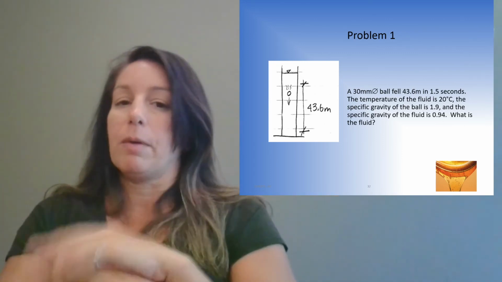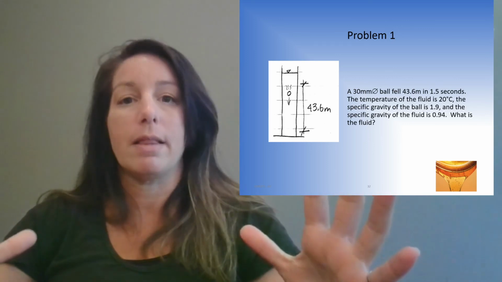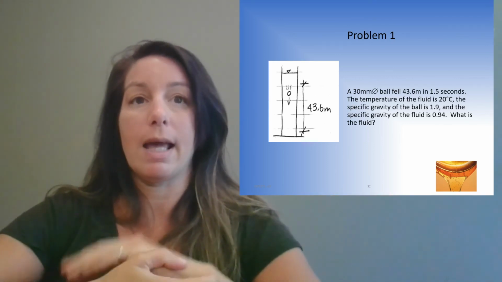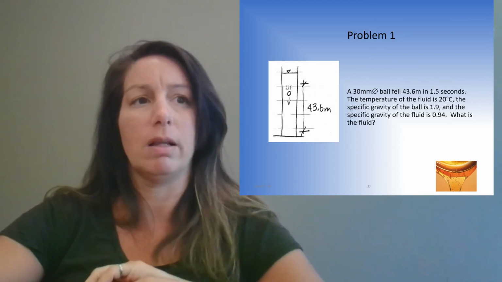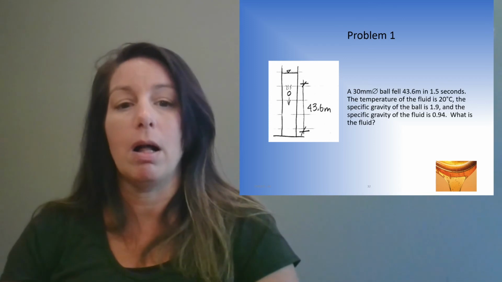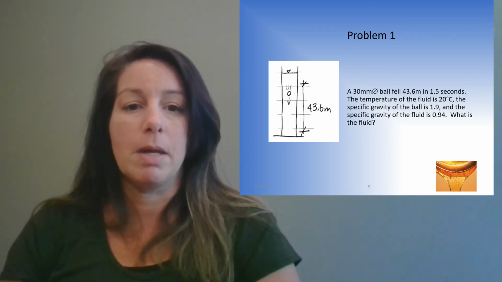So here we go, problems. Again, we'll do these on Wednesday, but I encourage you to try them out first. I'll just read them out. Problem 1, again, is that falling ball problem. You have a 30 millimeter diameter ball. It falls 43.6 meters in 1.5 seconds. Wowzers.